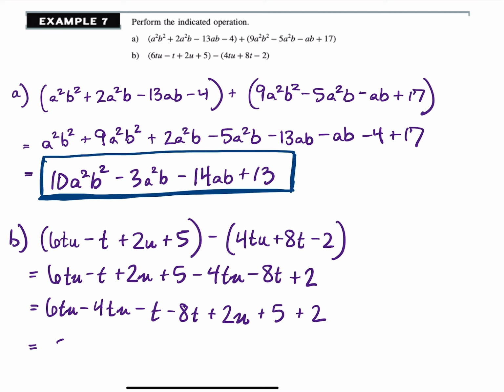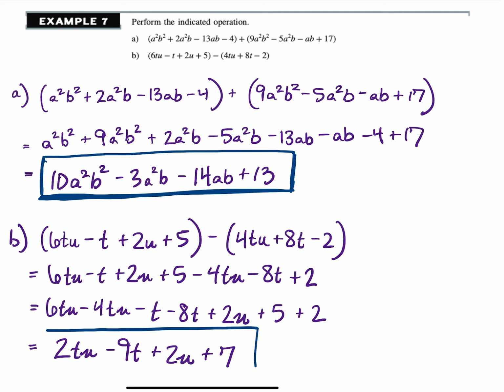So this should give me 2tu, minus t minus 8t should give me minus 9t. Just have this lonely 2u, then plus 5 plus 2. 5 plus 2 is 7. So again, just combining like terms.